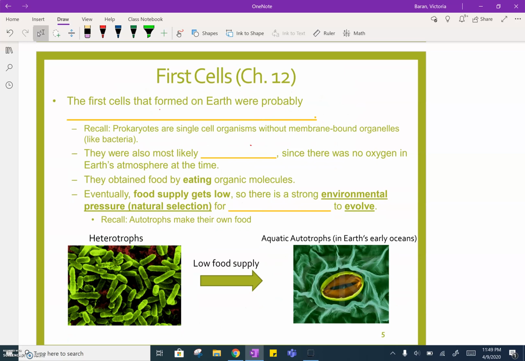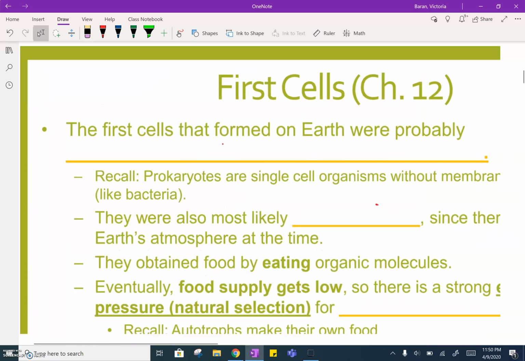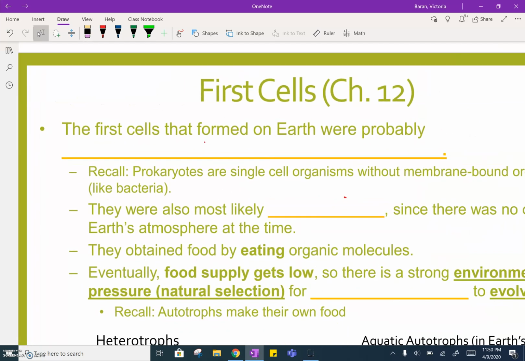Now let's start talking about the first cells. This is our main focus for today. So the first cells that formed on Earth were most likely heterotrophic prokaryotes.